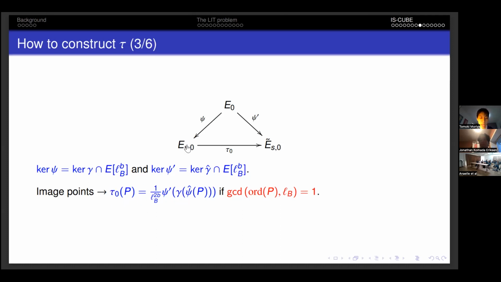So by using the dual of psi, gamma, and pushing through psi prime, we can obtain the image point under tau 0. The problem is that we also want to compute the image of the L_B^B torsion points. So how do we compute the images of these points?